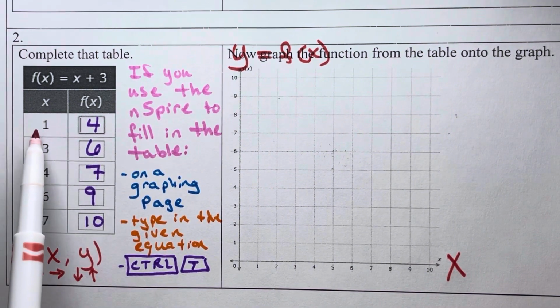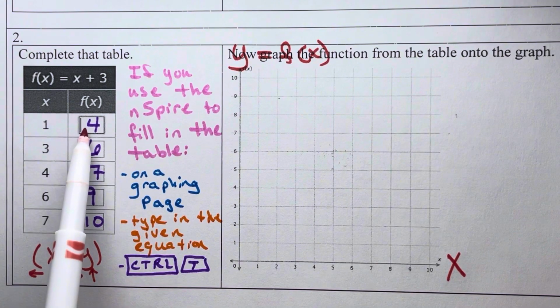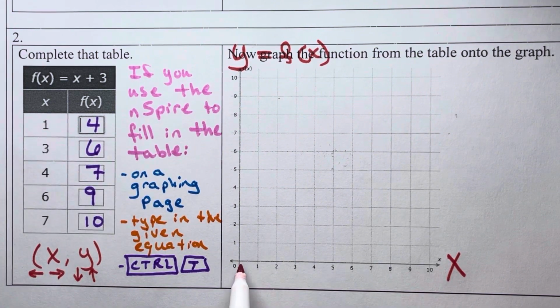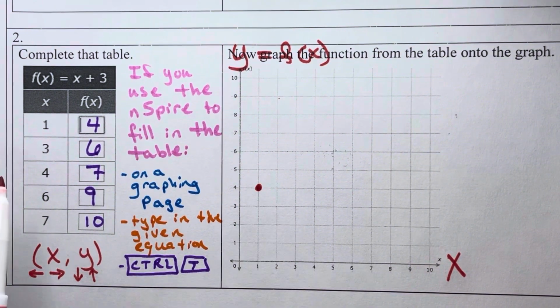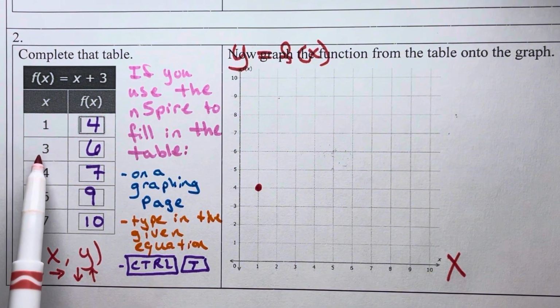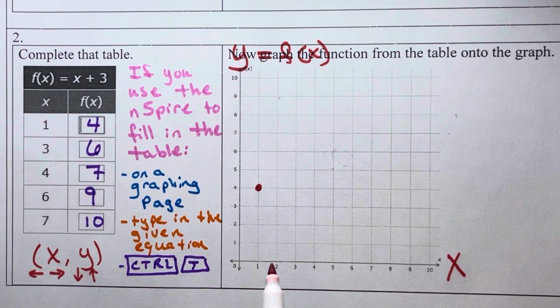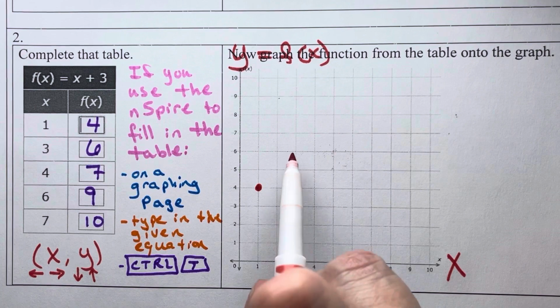Let's plot our first row. X is 1, y is 4. So we go to the right one, up 4, make a point. Our second row is 3, 6. So the coordinate point 3, up to 6.